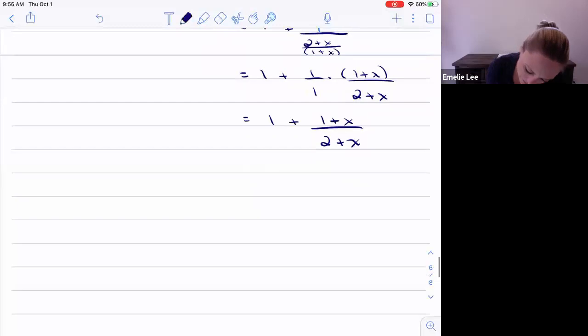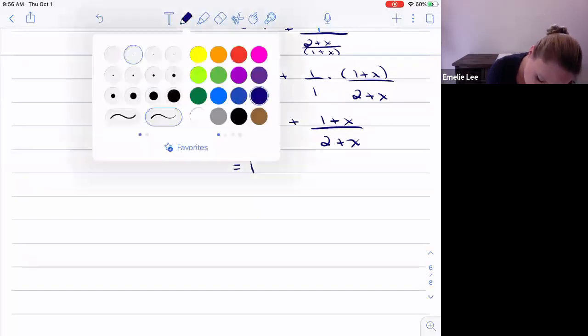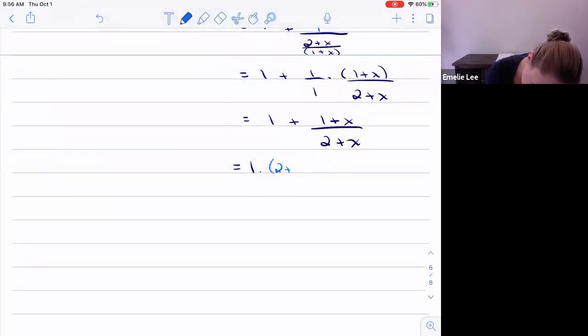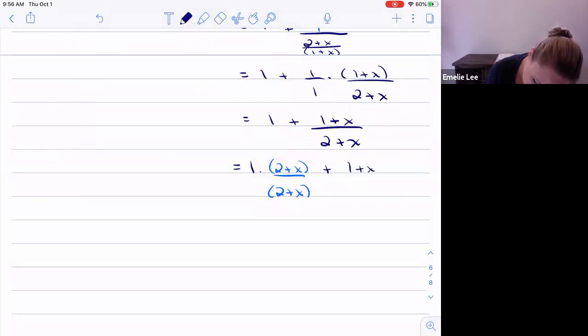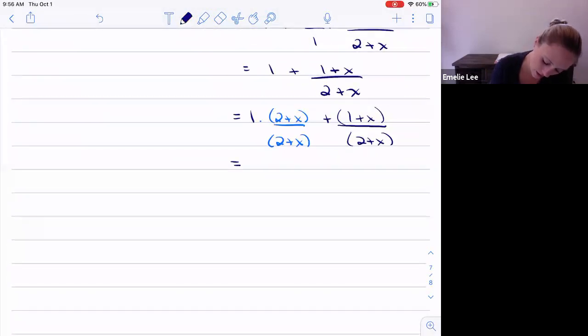So this becomes 1 times 2 plus x over 2 plus x plus 1 plus x, and I'll put brackets around that, even though I'm adding so it's safe, but just in case, over 2 plus x. 1 times 2 plus x is 2 plus x over, oh, I've already got that common denominator, so I'm going to smush up the numerator.